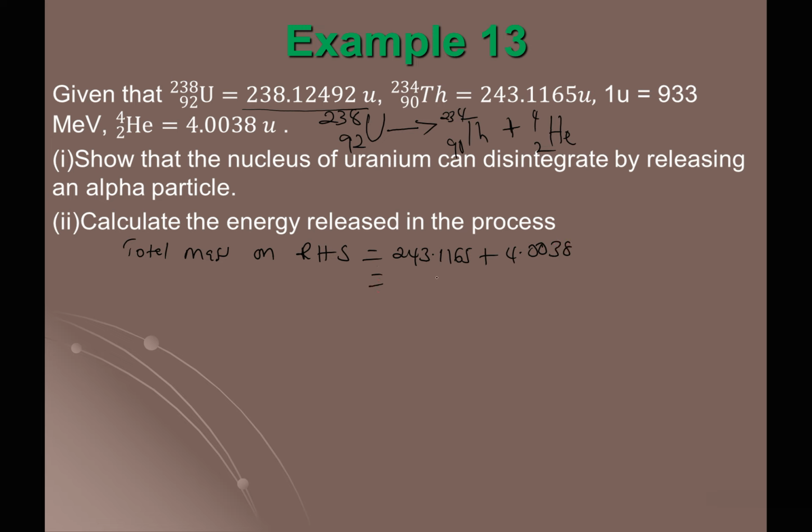I'll just press my calculator. Okay, so this is giving me 238.1203 U. So look at the mass on the left hand side, which is this one here, and the mass on the right hand side, which is this one here. If there's a difference in mass, then the reaction is possible because the difference in mass is compensated for by the release of energy.